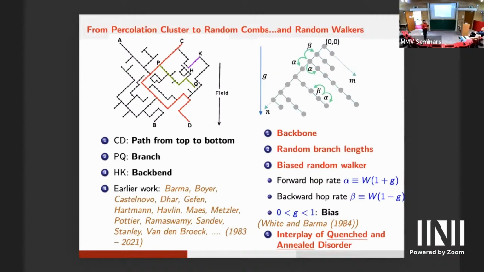It has been studied in various versions, like discrete space, continuous time, discrete space, discrete time, and people have looked at several ramifications of this model. For example, if you have a potential pushing them towards the backbone, or a potential repelling them from the backbone, and so on and so forth.